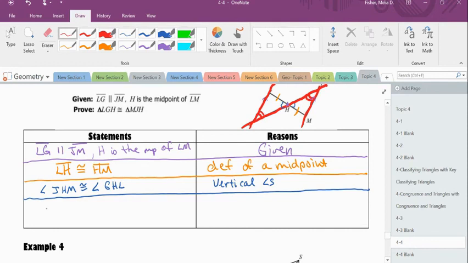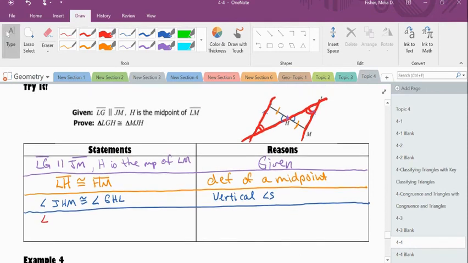So angle LGH is congruent to angle MJH because those are alternate interior angles theorem.